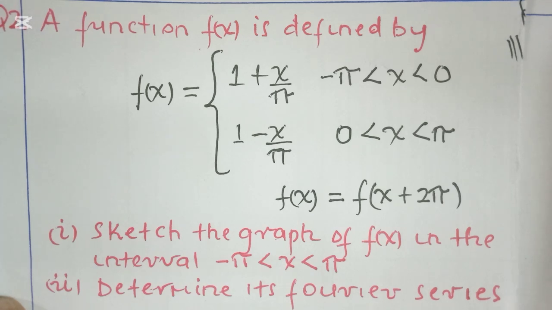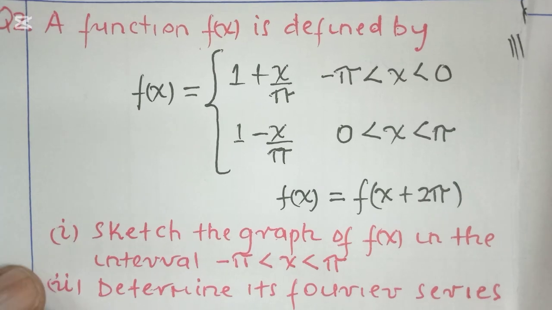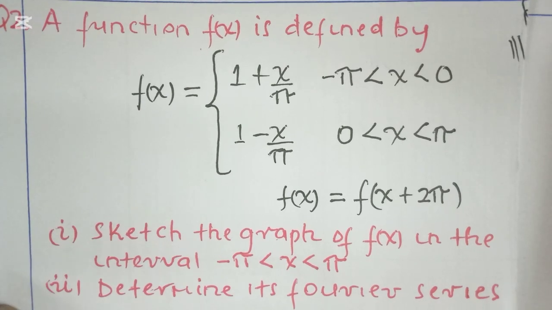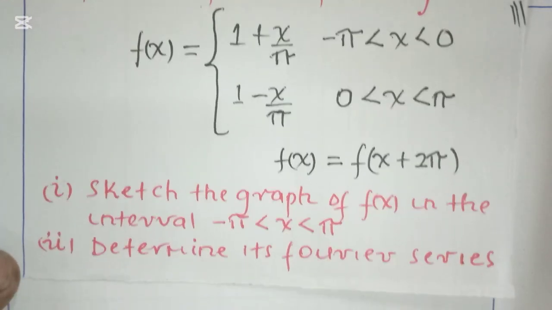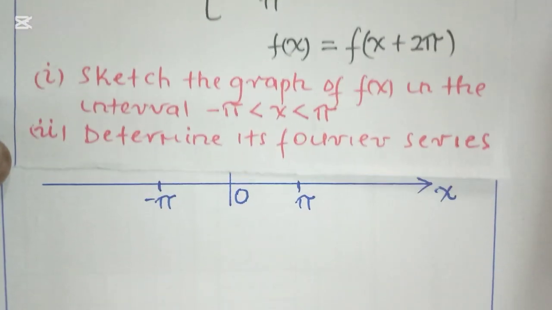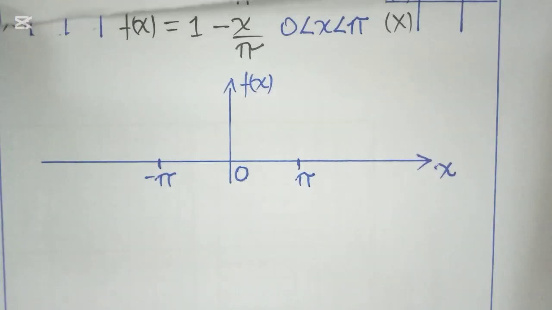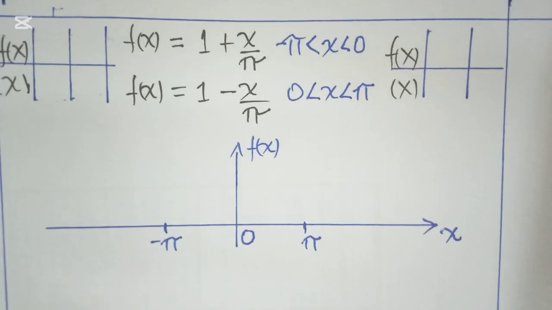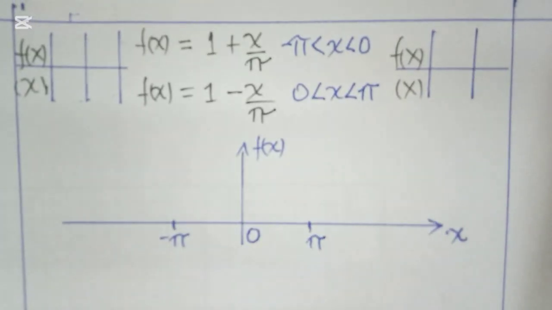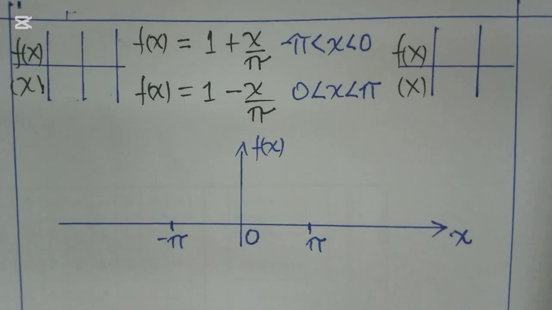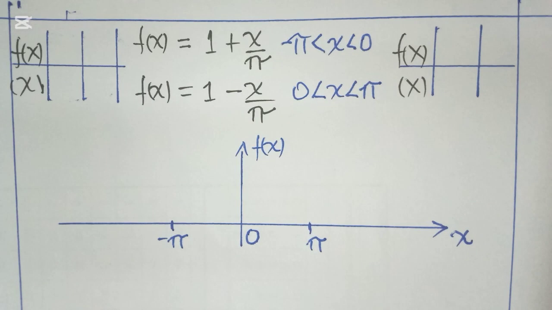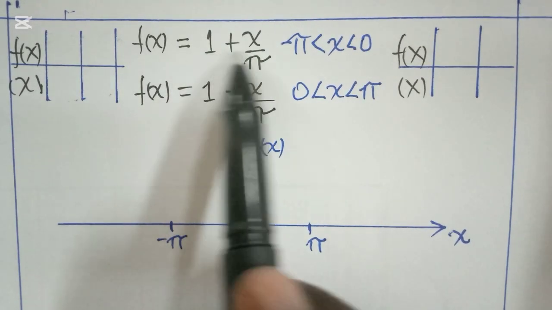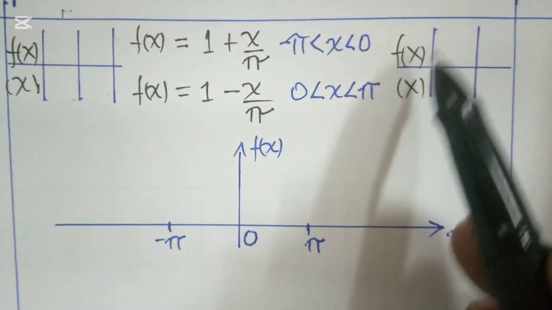Determine its Fourier series. Guys, I had prepared some preparation for that, so I can remove this now so that I can show what I had prepared. The first thing is that we are going to draw the graph, and we are going to use these two equations. The first one, we use this table.